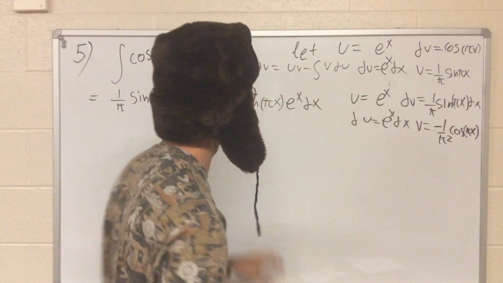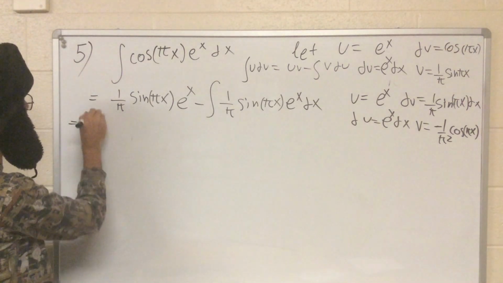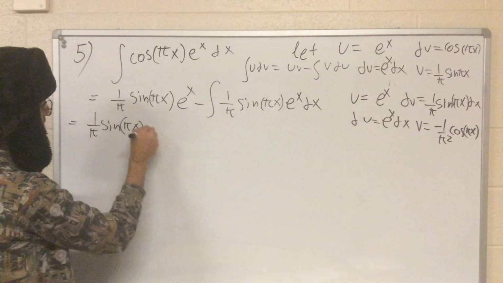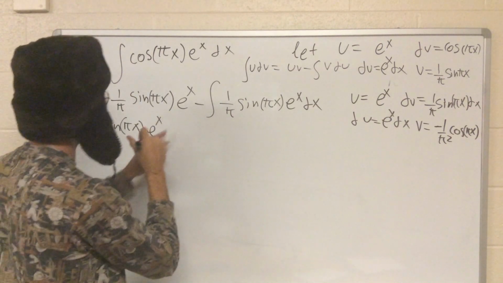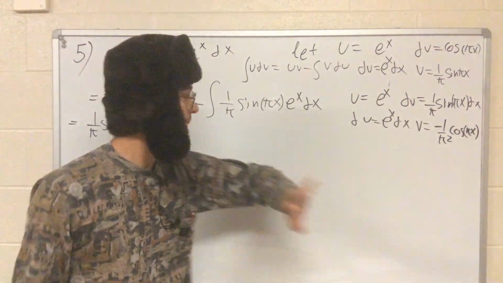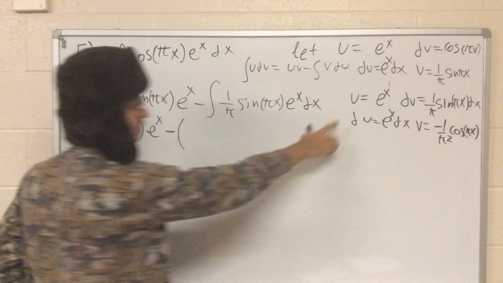So we can make the substitution over here. We know that this is going to be equivalent to 1 over pi sine pi x times e to the x, and then we're going to subtract the integral of 1 over pi sine pi x e to the x dx, which in this case will be uv.